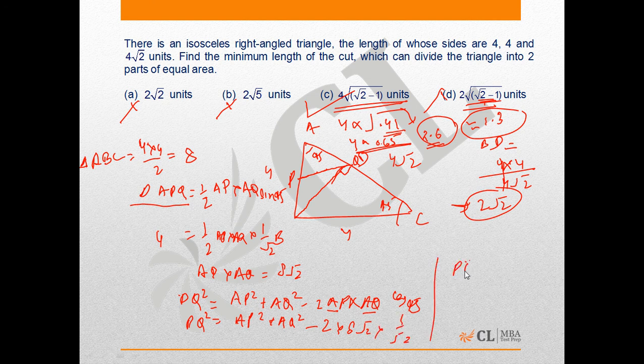So PQ square will be AP square plus AQ square minus 16.